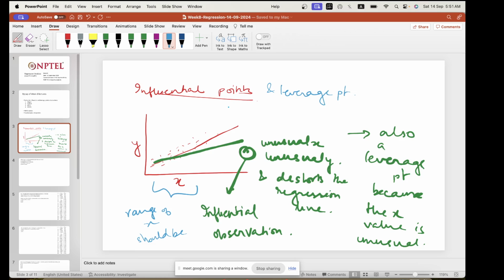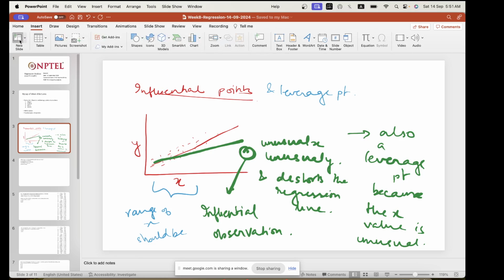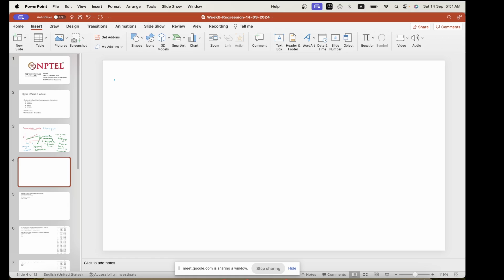So last week we learned how to identify leverage points.